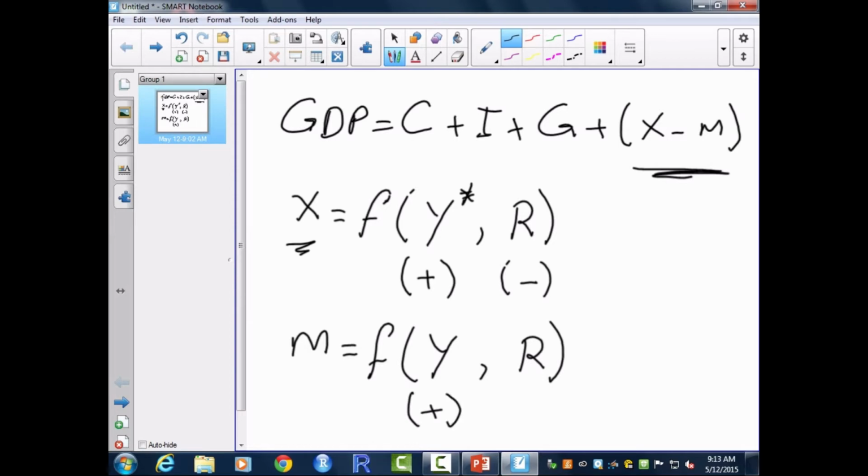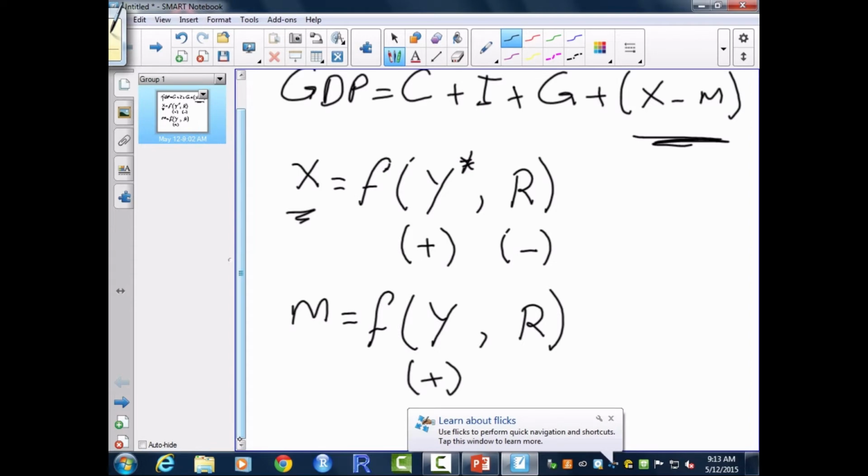That means when our income goes up, import will go up, right? When our income goes up, our purchase of goods and services, including import, will go up.